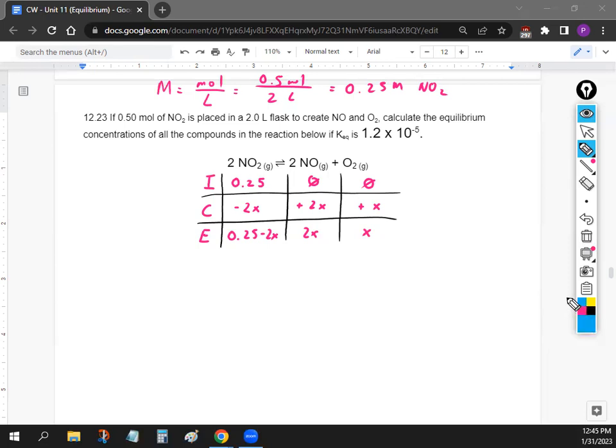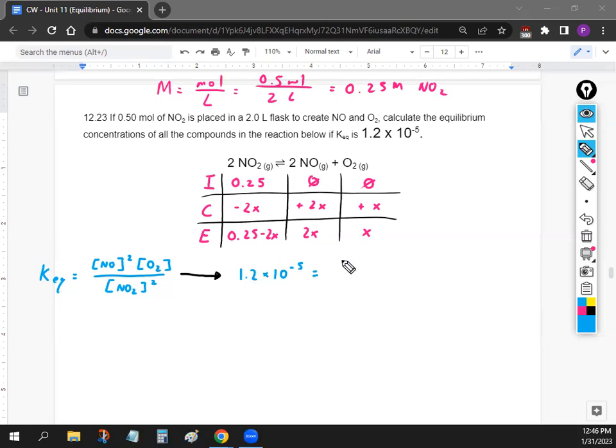Alrighty, so what we want to do now is set up our equilibrium constant equation. So K is going to equal the concentration of the products to the power of the mole ratio, so power of 2 for NO, and then we got the concentration of O2 divided by the concentration of NO2 squared. Okay. All right, so if we plug in our values, the equilibrium constant is 1.2 times 10 to the negative 5.